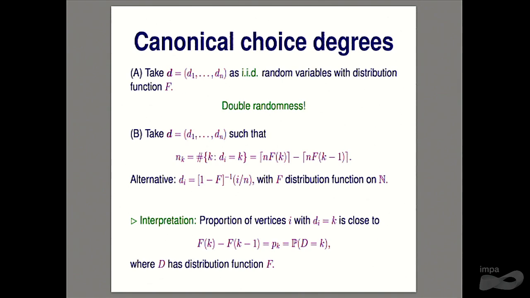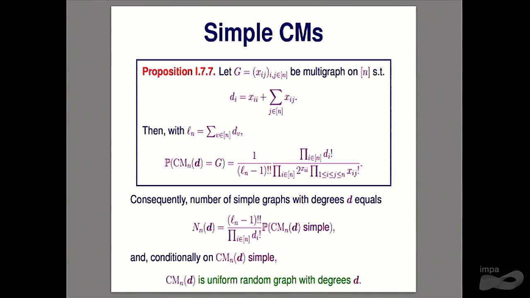There's actually a relation between the two models that immediately follows from the fact that you can explicitly compute, for a degree distribution, what the probability is of observing any graph.